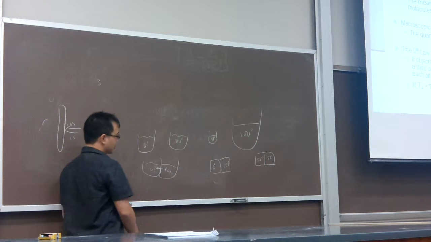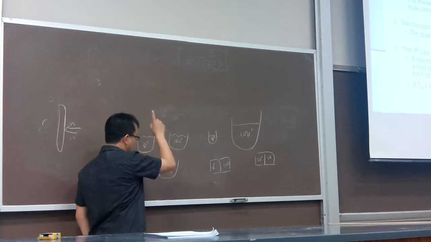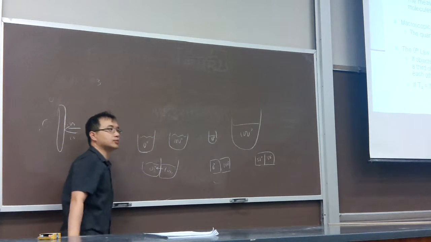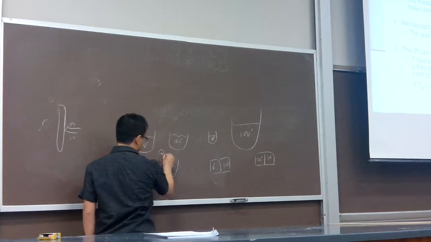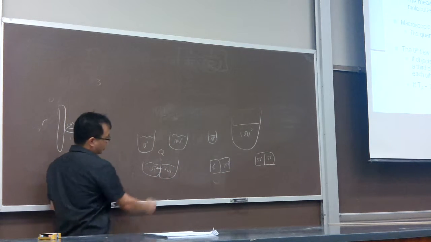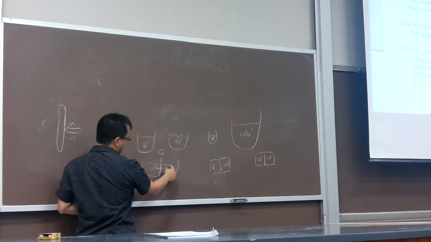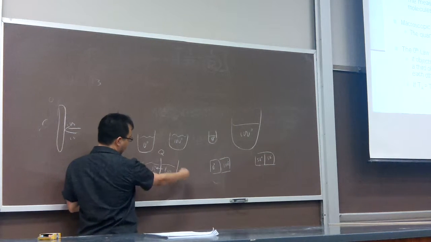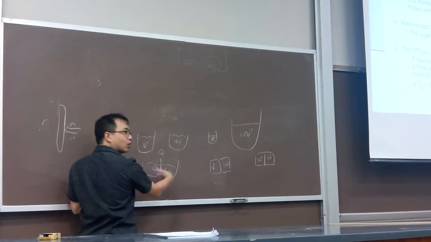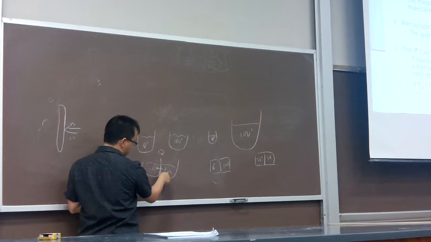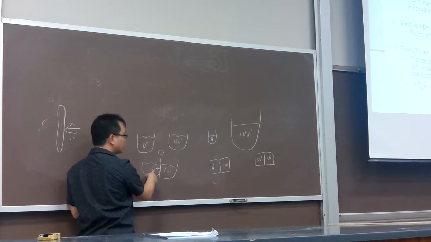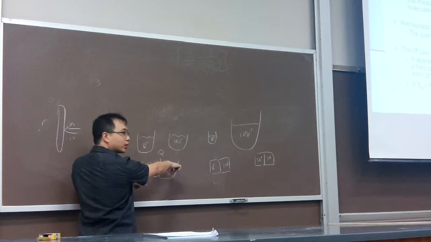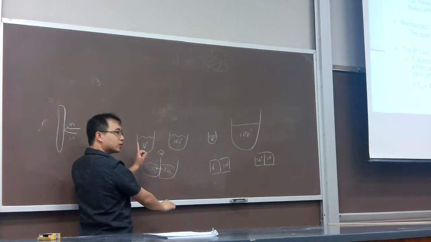So heat is an energy transfer from the high temperature object to the low temperature object. Usually we use Q to denote it. This is a high temperature object, this is a low temperature object. During this process, more and more heat is extracted from here and put into here. So the temperature of this one decreases, the temperature of this one increases.